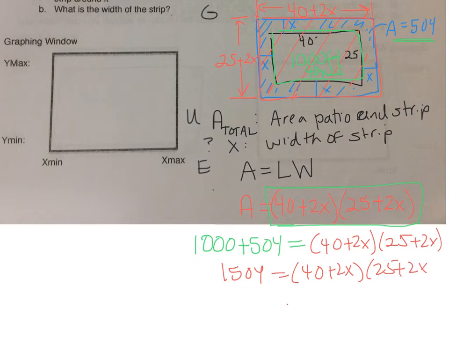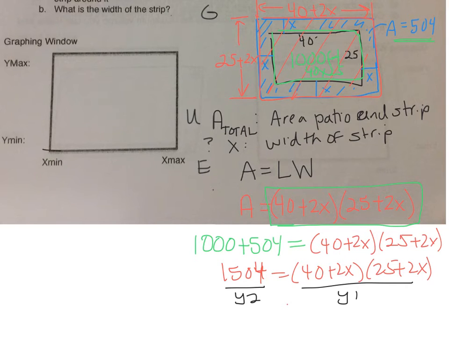Now you could solve this algebraically using the quadratic formula, or you can try factoring it and set it equal to 0, but we're going to do it graphically. We're going to let this side equal y2 and this side equal y1. And where those two graphs intersect is going to be the point where the x satisfies this equation.